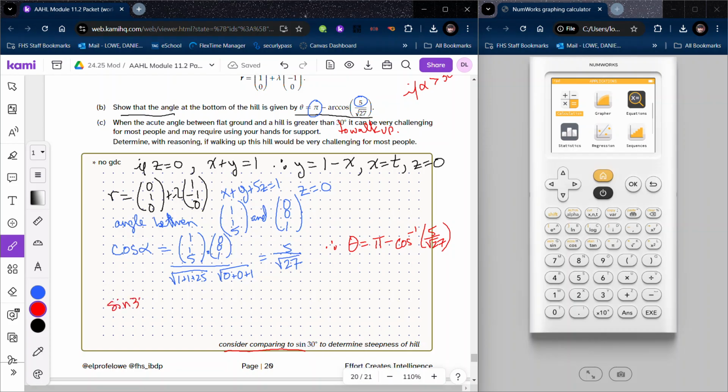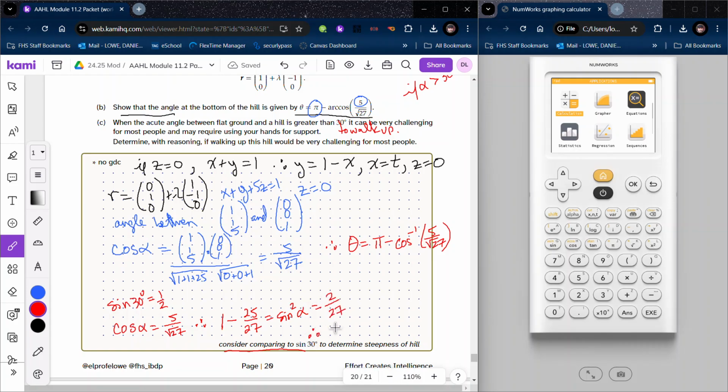What do we know? The sine of 30 degrees is 1/2. We know that the cosine of alpha is 5 over root 27. So therefore, we know that 1 minus 25 over 27 is going to be the sine squared of alpha, and that gives us 2 over 27.